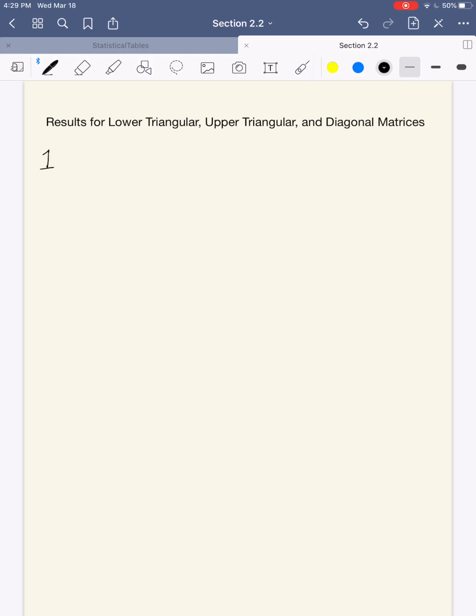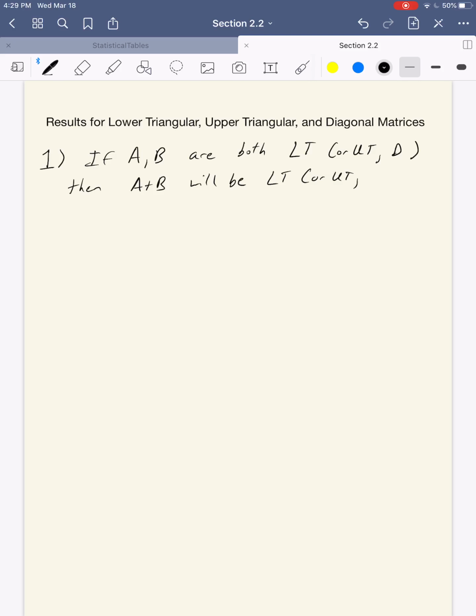So one, if A and B are both lower triangular, or both upper triangular, or both diagonal. In other words, if you have two matrices that are both lower triangular, or both upper triangular, or both diagonal, then A plus B will be lower triangular, or upper triangular, or diagonal.